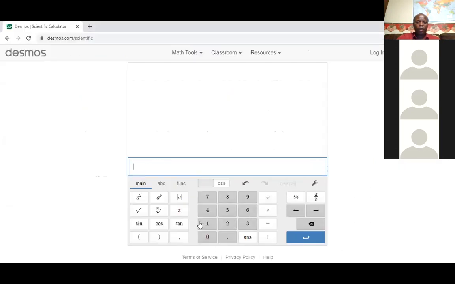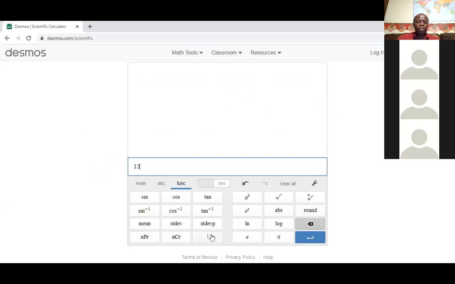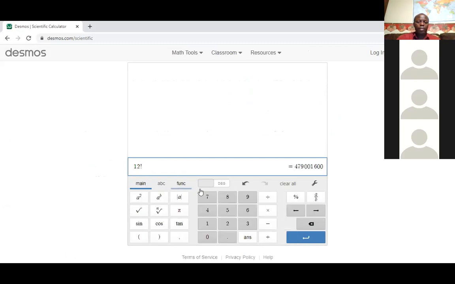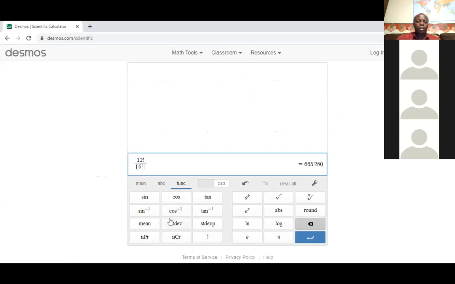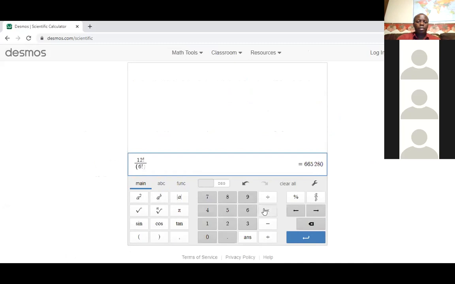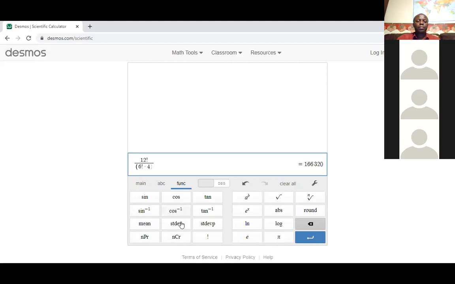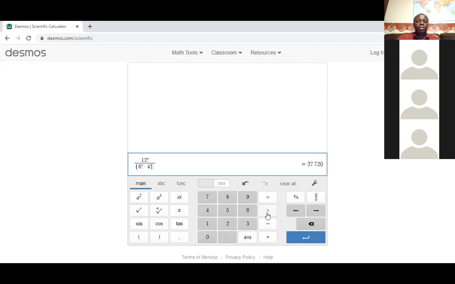It's 12 factorial divided by, I like to put it in parentheses, 6 factorial, times 4 factorial, times 2 factorial.